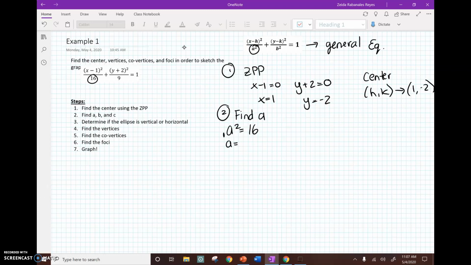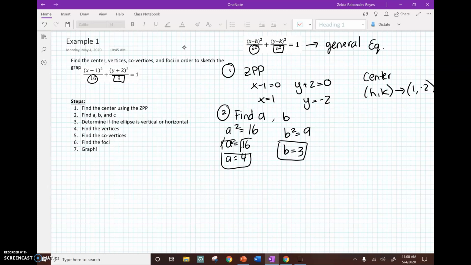Then I take the square root, so those cancel. A is equal to 4. And that's going to help us out later on. And now we're going to find B. B squared is on the right hand side. So then B squared is equal to 9. Square root. So then B is equal to 3.